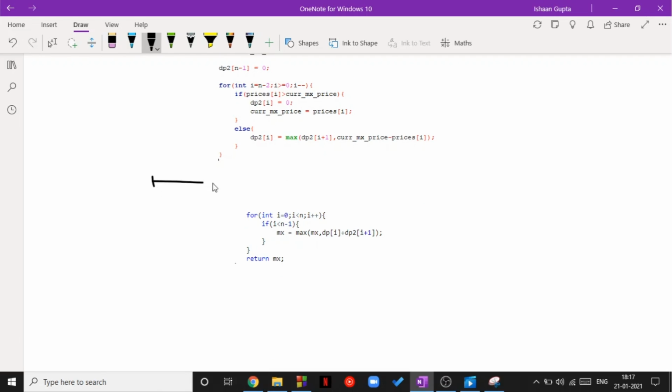Okay, so my answer will be, as I discussed earlier, DP of I will give me the first ith values, and DP2 of I will give me I plus 1 till nth value.